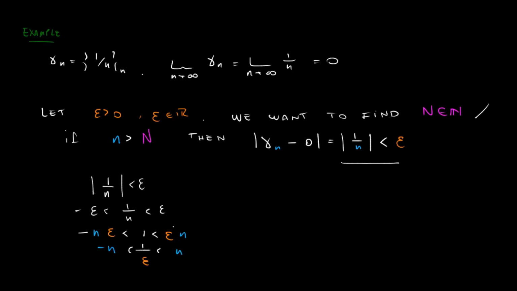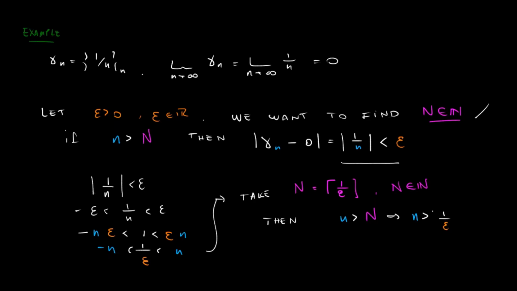So now one thing we can do is take our number N to be the ceiling of 1 over epsilon. N is a natural number, so we are under this hypothesis. And then what happens is that if I take n greater than N, as N is the ceiling of this, then n will be greater than 1 over epsilon.